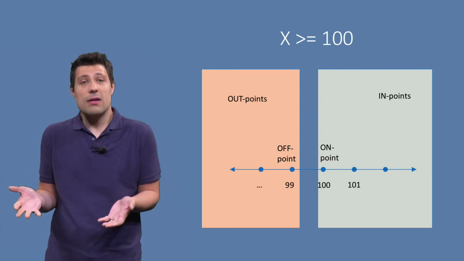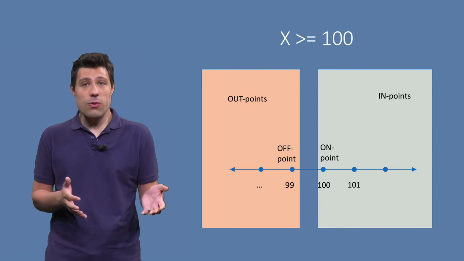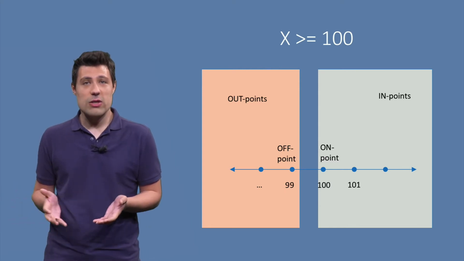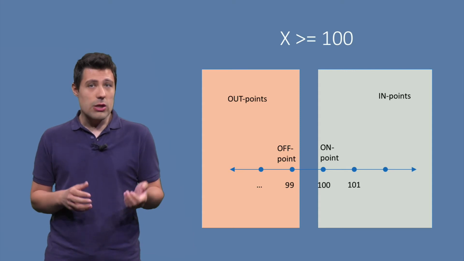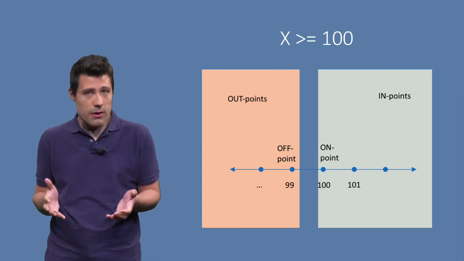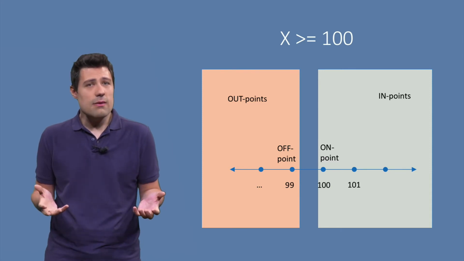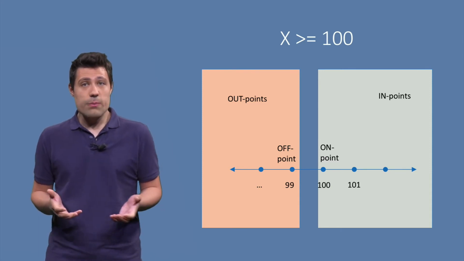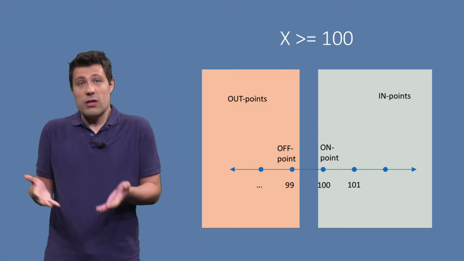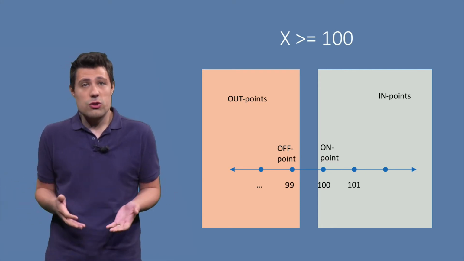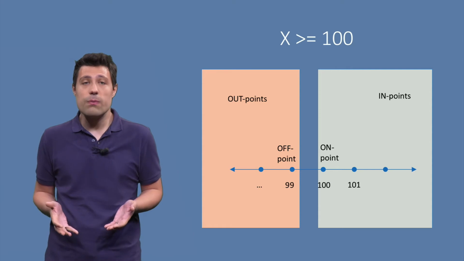Does it behave correctly? Then we can also think about the off point, which is the opposite of the on point. The off point is the closest number to the on point that flips the condition of the on point. What do I mean by that? So 100 is the on point. 100 is greater than or equal to 100, so 100 makes this condition true.